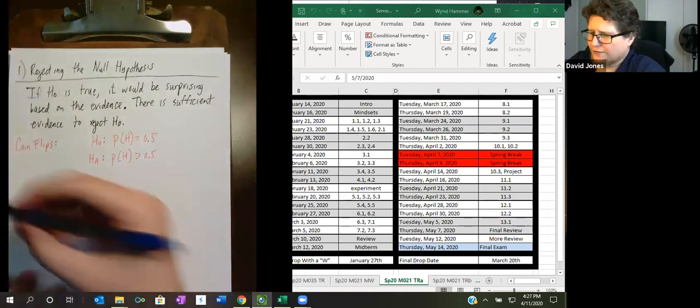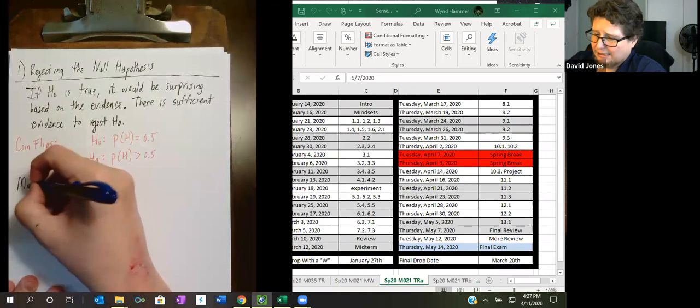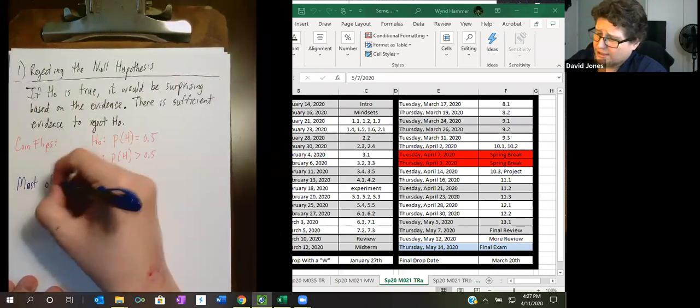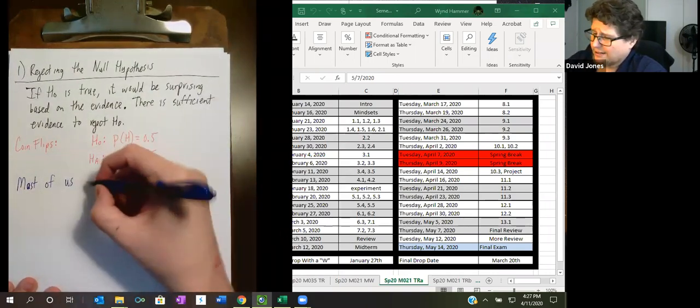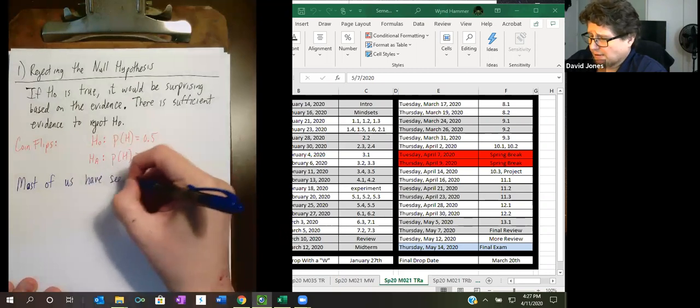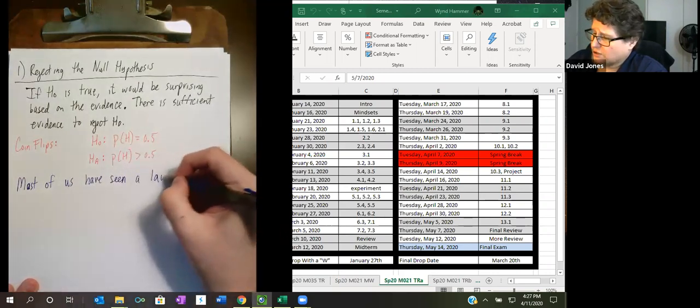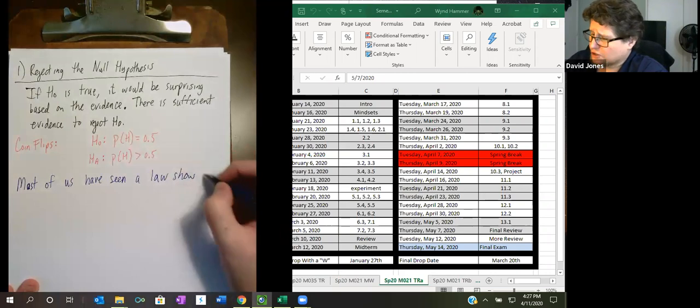In a court, most of us have seen law shows, and some have even sat on a jury.